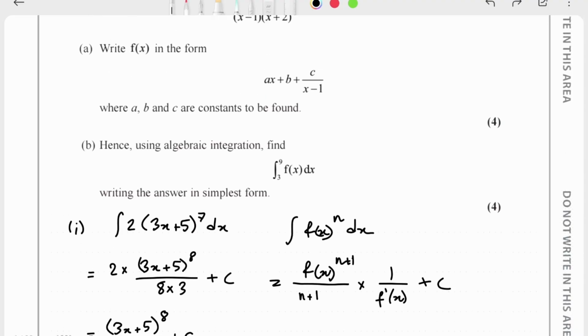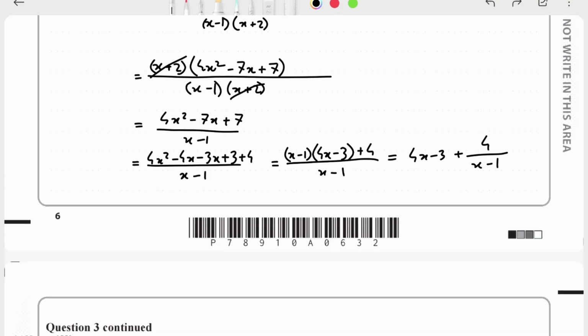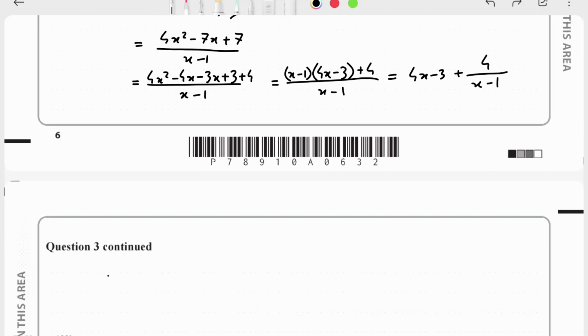For number B, we just need to integrate what we found with limits of 9 and 3: 4x minus 3 plus 4 by x minus 1.